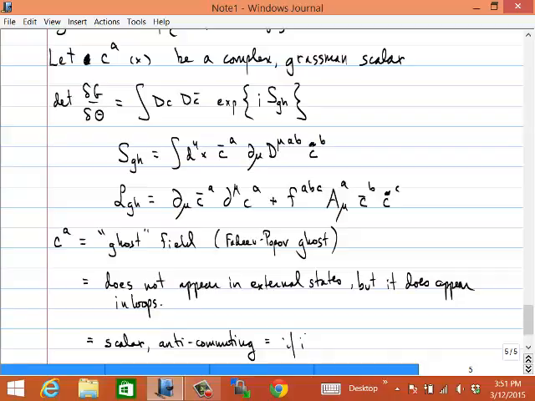So if it were physical, that is to say, if there were actual states that you could create in the Hilbert space of your theory that you could study by quantizing this field and acting on the vacuum and studying the properties of those states, then it would violate spin statistics.